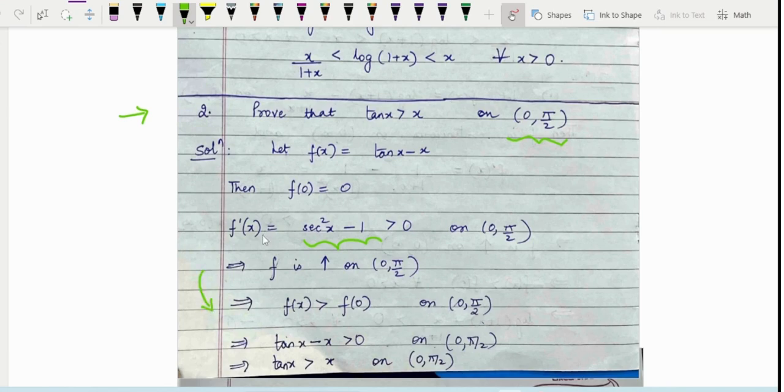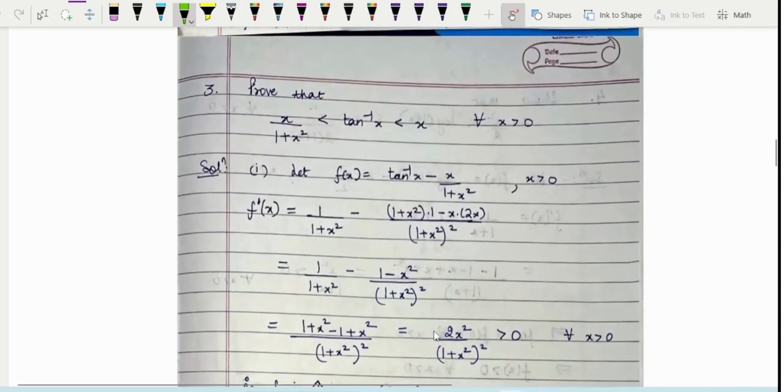So derivative is positive, so f is increasing. But the ab initio definition of increasing is in terms of inequalities like this. That means f(x) is more than f(0) whenever x is more than 0, because increasing means f(x) is more than f(y) whenever x is more than y. So if you take y to be 0 here, you get f(x) > f(0) on the domain which is given in the question, and hence tan x is more than x on (0, π/2).